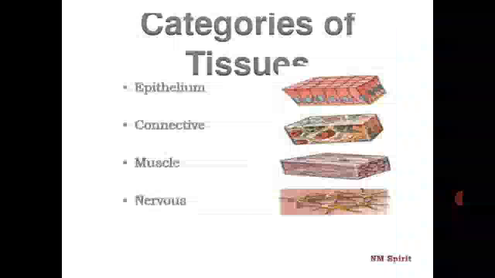Dendrites conduct impulses to the cell body, and the cell body contains most of the cytoplasm and the nucleus of the neuron, while the axon conducts impulses away from the cell body.